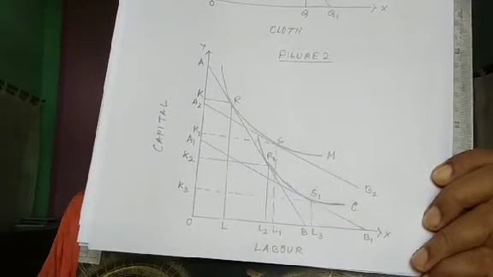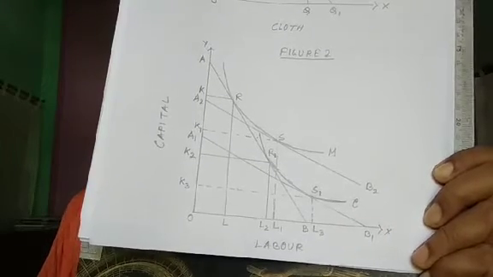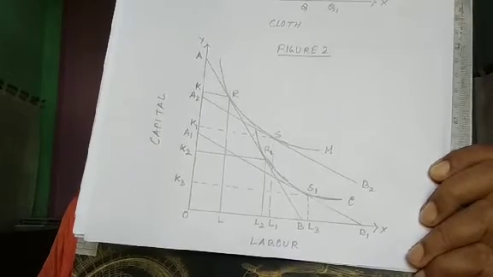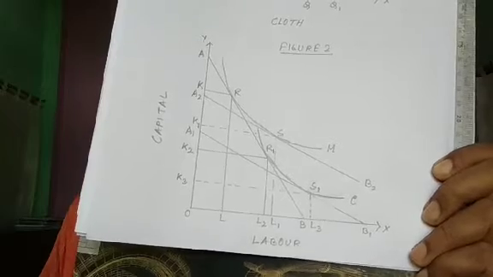So by employing OK units of capital and OL units of labor, country A can produce 100 units of machine at point R, where M is tangent to AB.